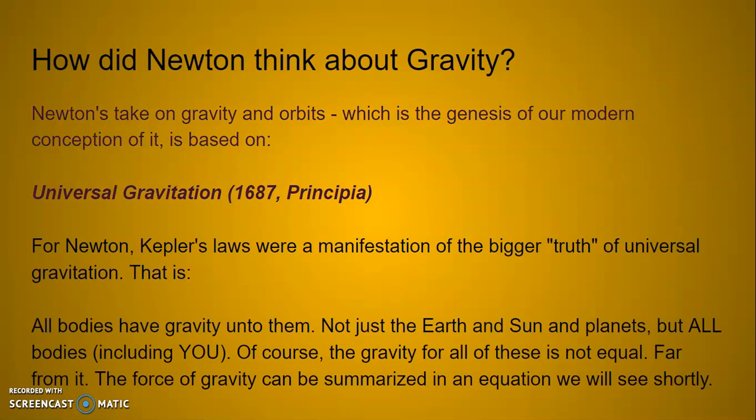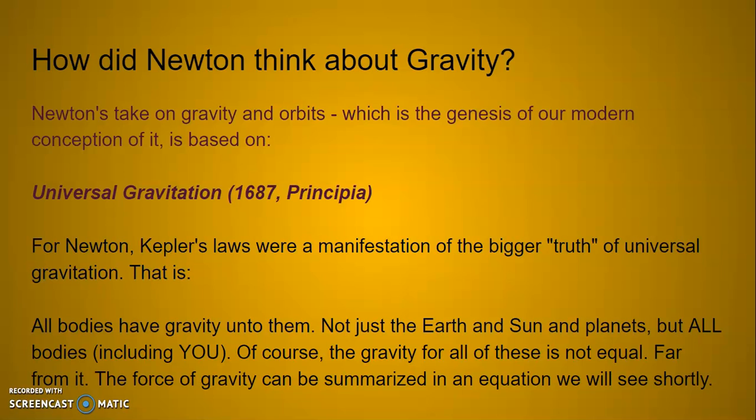So before Newton, Kepler's laws were somewhat understood, and they were published a few decades earlier. Kepler's laws talked about planets moving in elliptical orbits, and there are a couple of other things that are important as well. Kepler's laws weren't necessarily accepted by everybody, but Newton realized that these laws were a manifestation of a bigger idea. In fact, he said that not only do planets have gravity associated with them, but everything does.